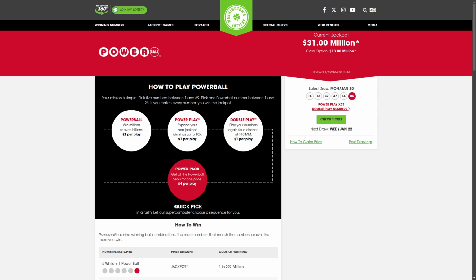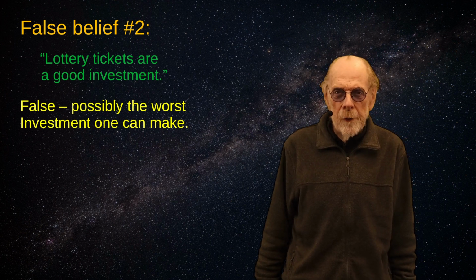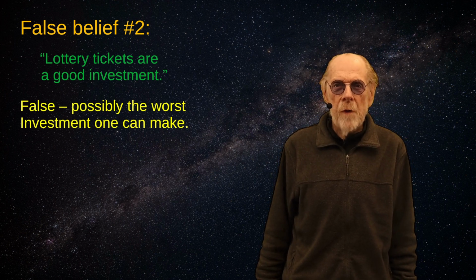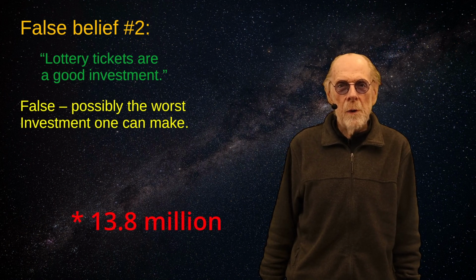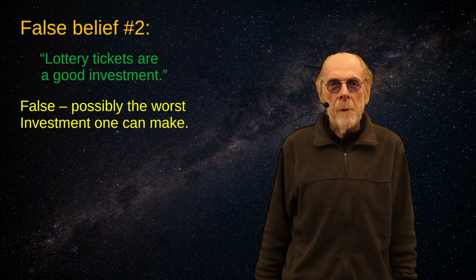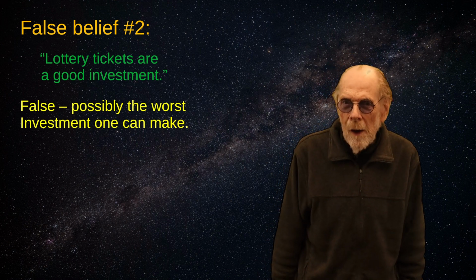The probability to win is 1 in 292 million. This means to have a 50% chance to win, you must buy 292 million $2 lottery tickets, total cost $584 million, against a prize of $31.8 million, or an expected loss of $552 million and change if you win.